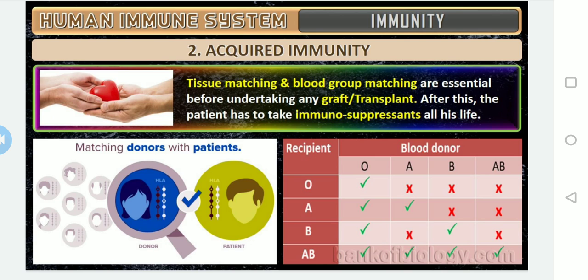After this, the patient has to take immunosuppressants all his life, or else the body will think that the organs grafted or transplanted are antigens, and then they will start self destruction. To avoid that problem, immune suppressant is required even before and after the graft transplantation. It should be given.